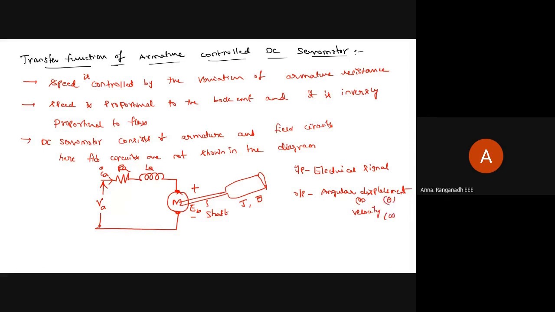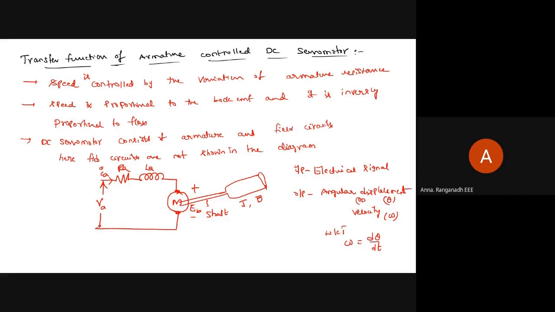Angular velocity can be denoted as omega. We know that the relationship between angular velocity and displacement is omega equals d theta by dt. So if you want, you can represent the entire equation in terms of theta, or in terms of omega. These two will be the input and output of the servo motor.